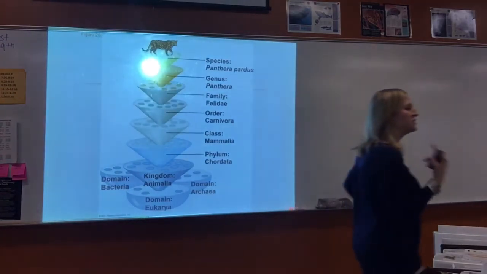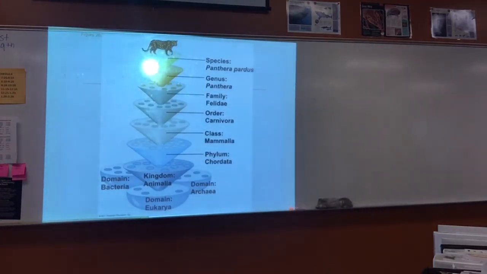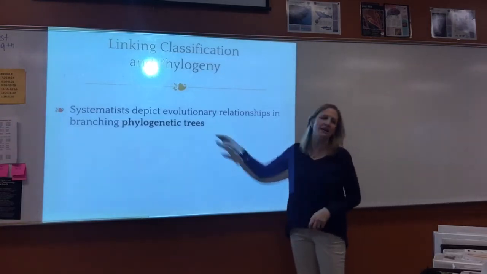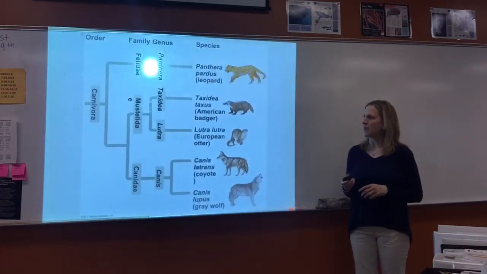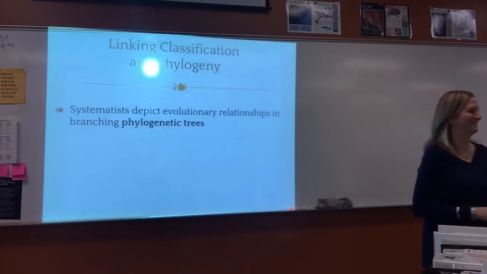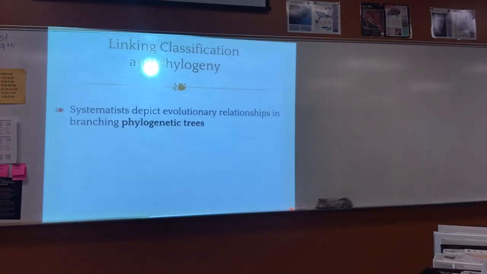Okay, so today we're going to go through some more of chapter 25. I think this is where we left off. Systematists depict evolutionary relationships in branching phylogenetic trees.